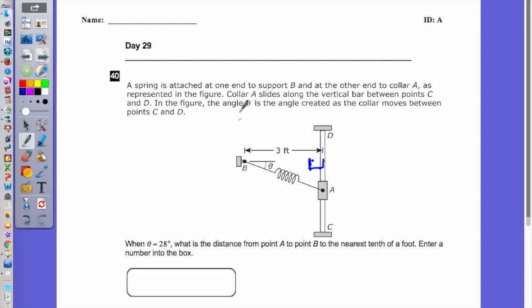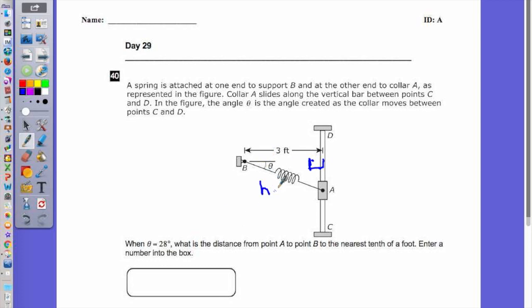Okay? The angle theta is the angle created as the collar moves between points C and D. Okay? If this is 28 degrees, and when it's straight across, it's 3 feet, what is the distance from A to B?